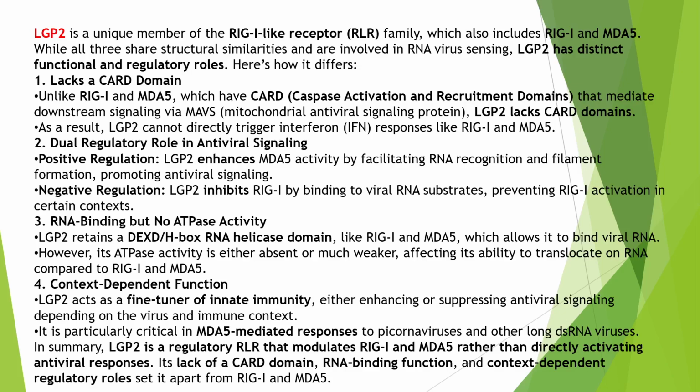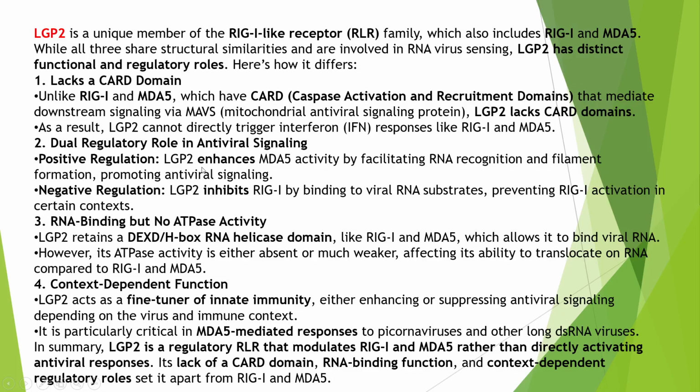The CARD domain mediates downstream signaling via MAVS, the mitochondrial antiviral signaling protein. LGP2 lacks this domain, which would activate MAVS downstream. As a result, LGP2 cannot trigger interferon responses like RIG1 and MDA5 do. This is one of the major differences.